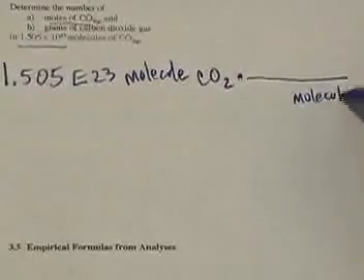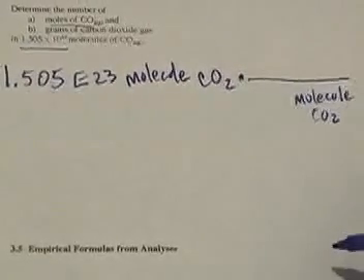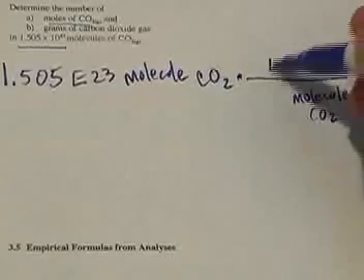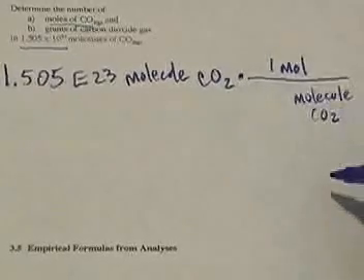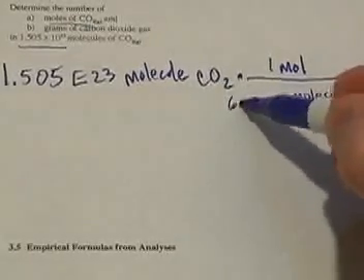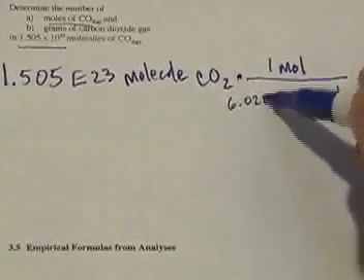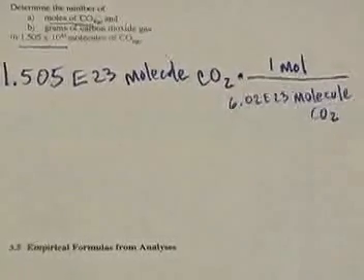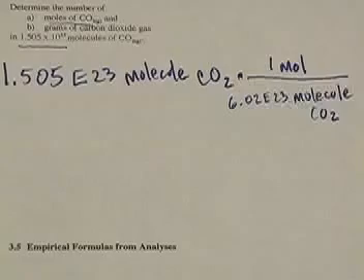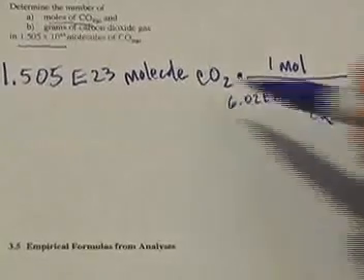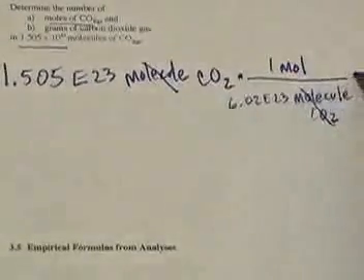Molecules right down here, this happens to be molecules of CO2. And then put mole as our new set of units. In 1 mole there are Avogadro's number, 6.02 times 10 to the 23rd, of these molecules. Notice my molecules will cancel with my molecules, and I'll end up with moles.